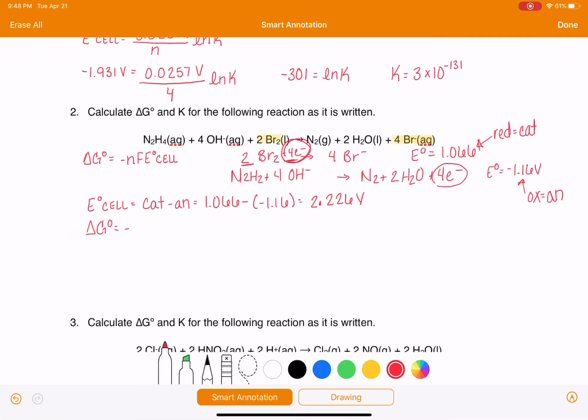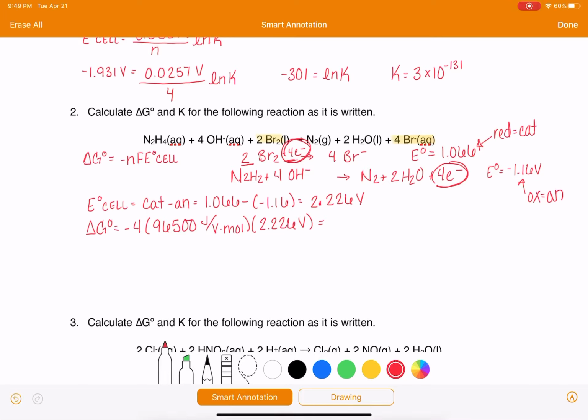So we are now able to calculate delta G. N, we can see from the equation, is 4. F is 96500 joules per volt mole. E is 2.226 volts. 4 times 96500 times 2.226.